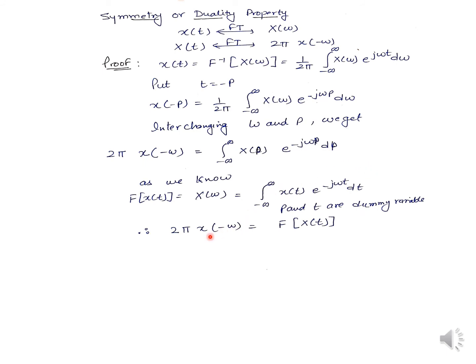We can write that x(t) and capital X(t) form a Fourier transform pair, and the Fourier transform is 2 pi x of minus omega.